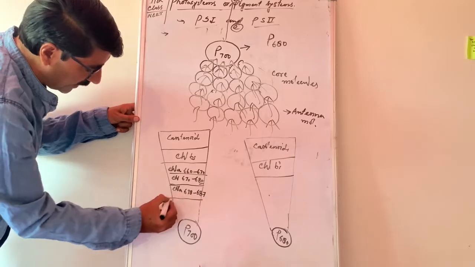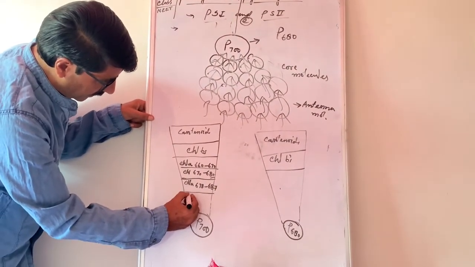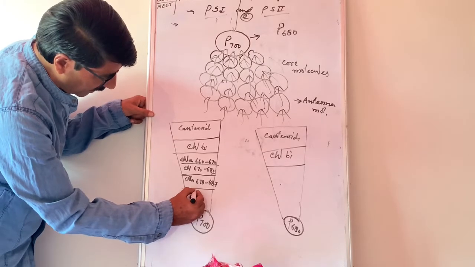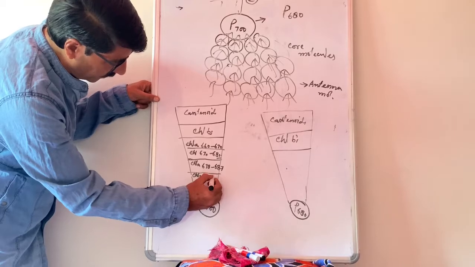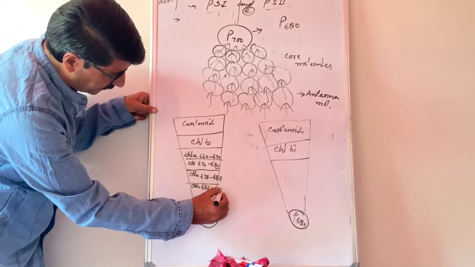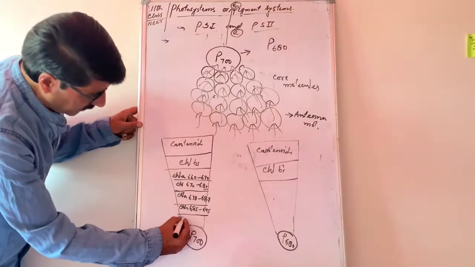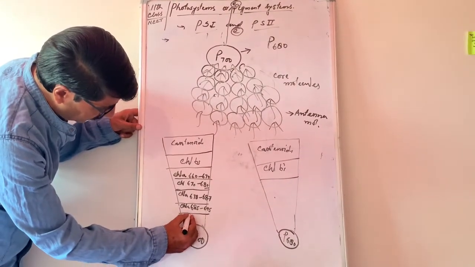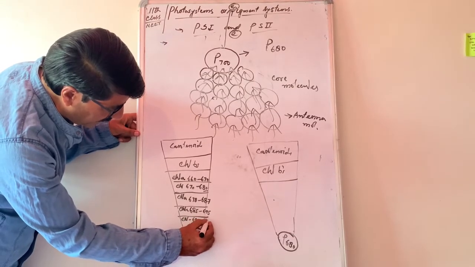Then we have another chlorophyll A molecule absorbing between 685 to 695. Then we have the chlorophyll A molecules absorbing from 690 to 700.